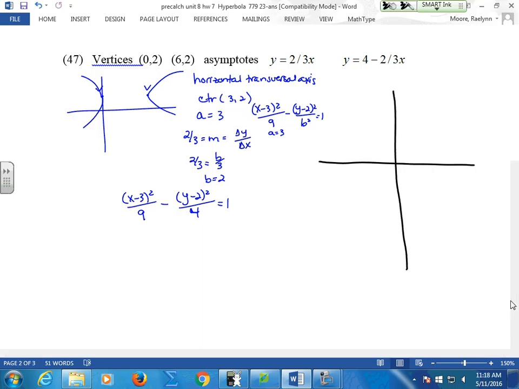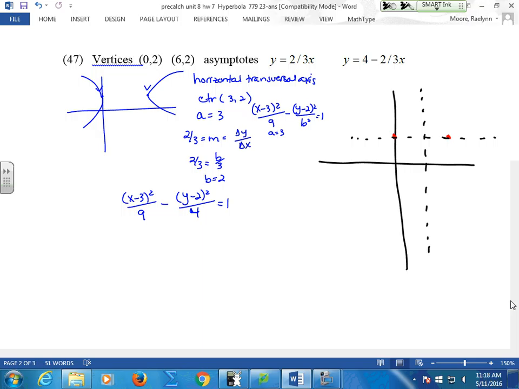So the first thing we're given is a vertex. This is the one I said not to do. We'll do this together. I've got a 0, 2, and I've got a 6, 2. So if it helps, translate your axis right now. Where's the other one going to come through? Smack in the middle, right?